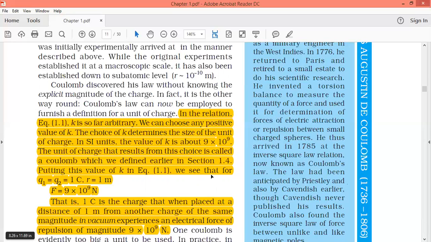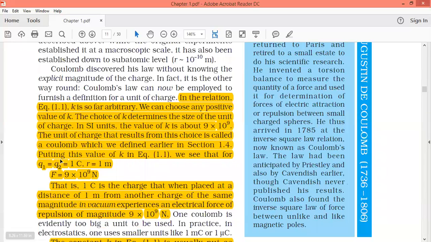Okay, because what is the k value now? K is 9 into 10 power 9. Here, see, F is equal to k value we have substituted. Q1, Q2 is also 1, R is also 1. Okay, finally we are getting 1 here. So finally F is equal to 9 into 10 power 9. We are left with 9 into 10 power 9. So here we are taking two same charges, Q1 and Q2 are having positive charge.